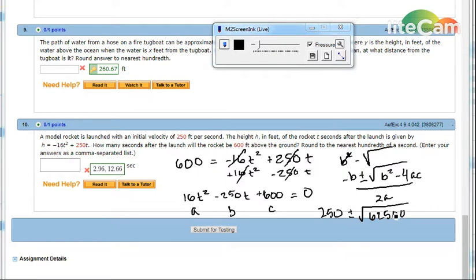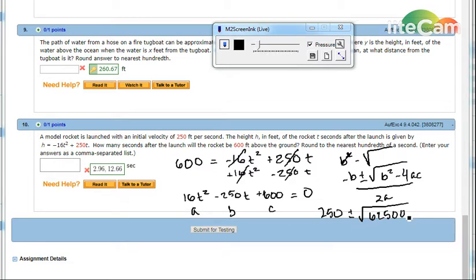I believe that is the correct answer. I am looking for a calculator now. Let's see, 200 times 200 would be 40,000, so 250 times 250 would be 62,500. That seems to be good.